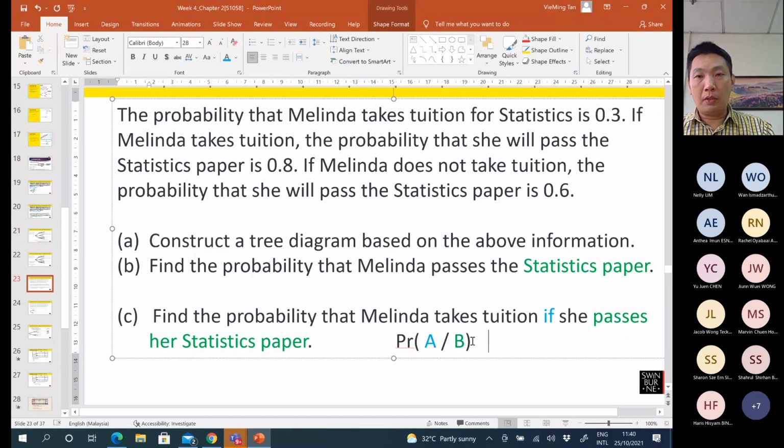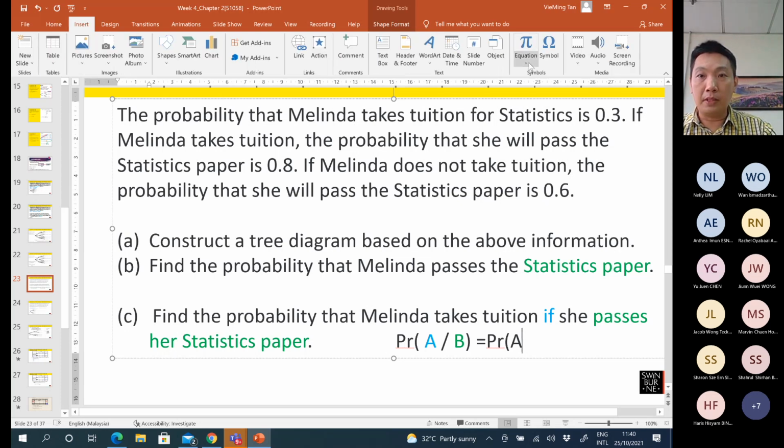Okay. So next we need to convert the conditional formula into the intersect formula. So what is the meaning of this? This one means P of A intersect. So intersect we use something like this symbol, right?